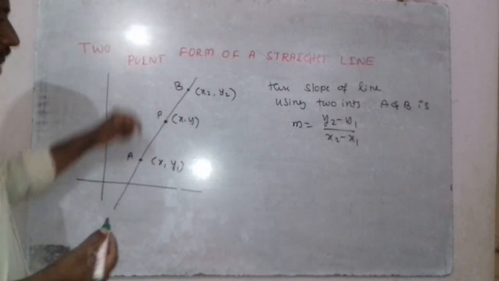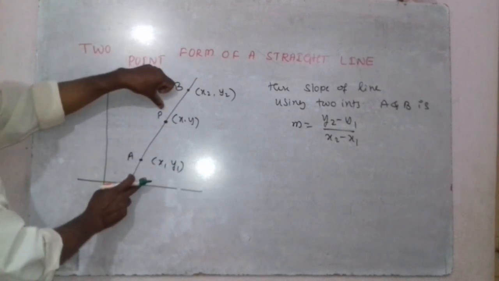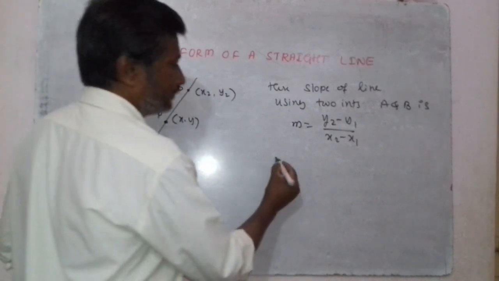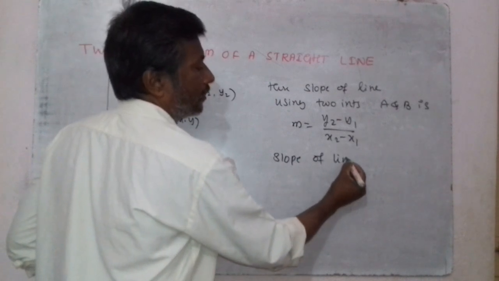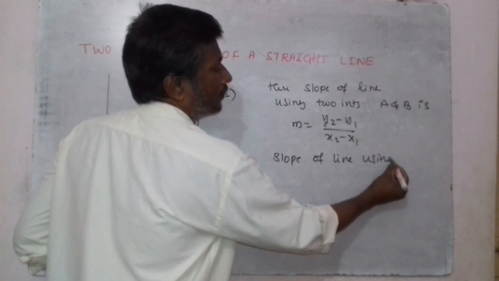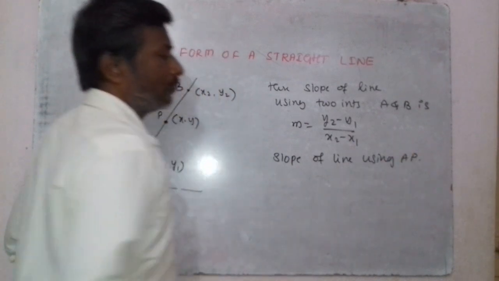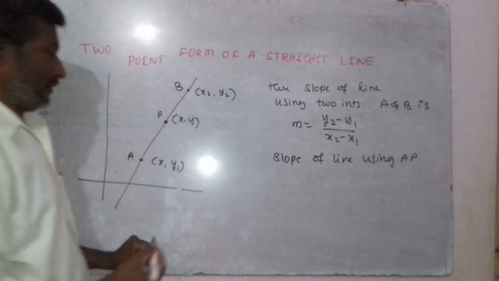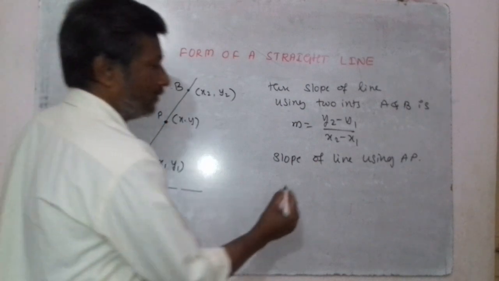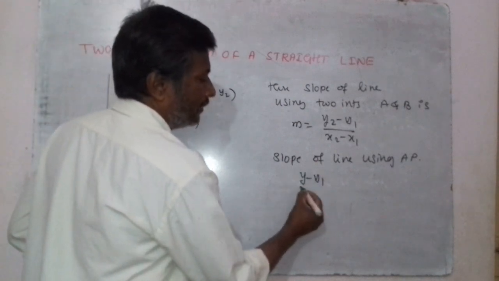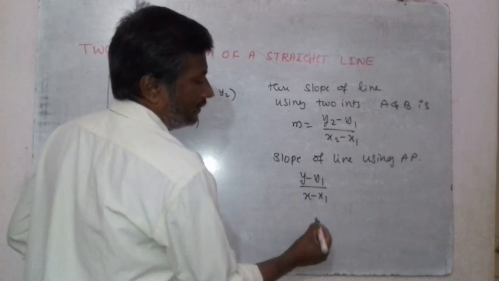Next, consider slope using AP: (y minus y1) divided by (x minus x1).